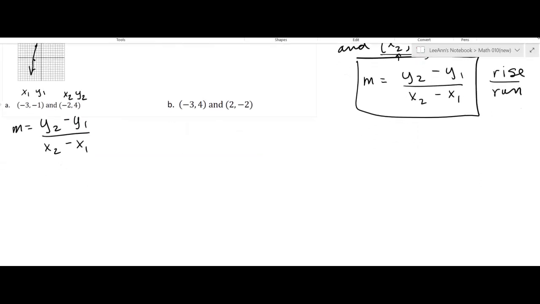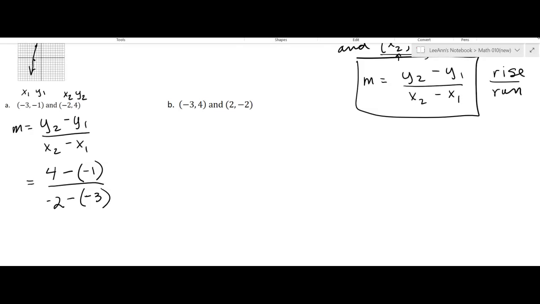Okay, now we're going to just put in the values. So y sub 2 is 4 minus y sub 1, which is -1, over, and then x sub 2 is -2 minus x sub 1, which is -3.